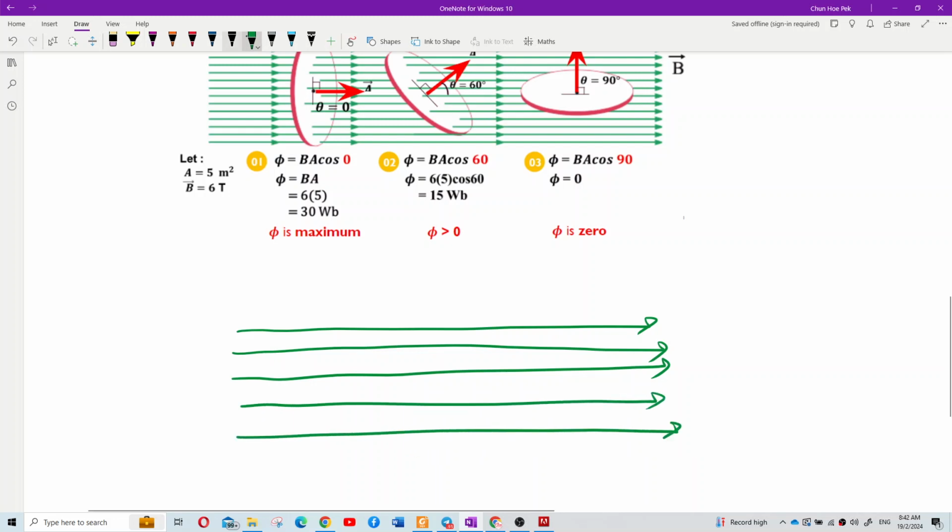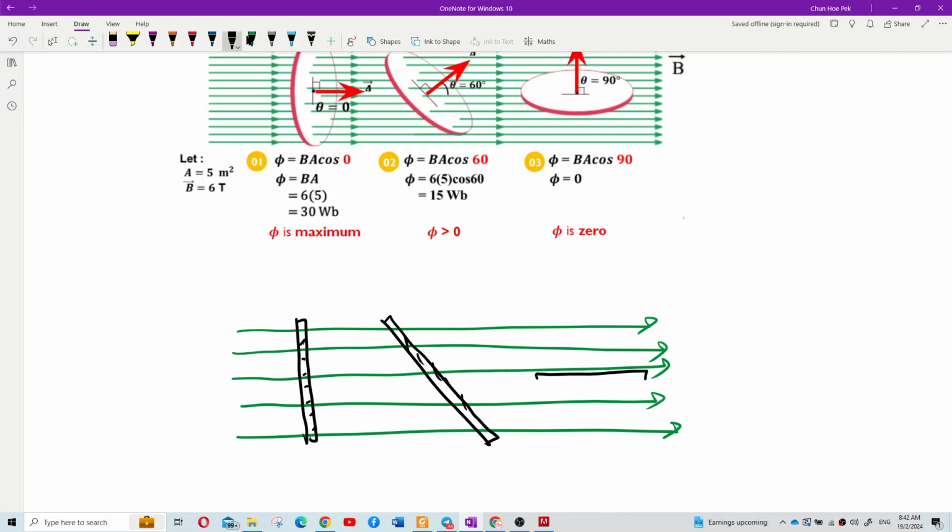Okay, so the first one is vertical. I see from the side, it's just a line, and then this one is at a certain angle theta. And then the third one is this one. Understand?